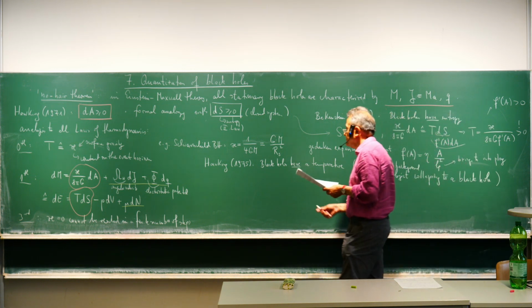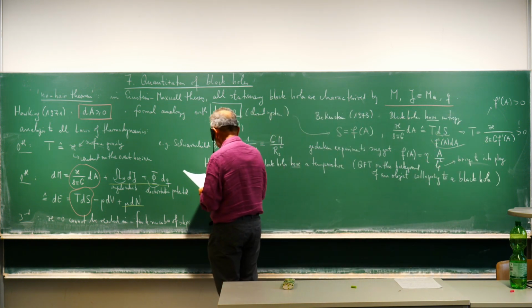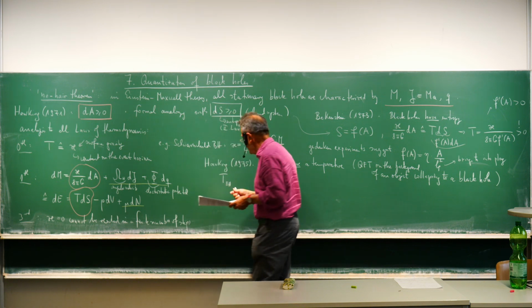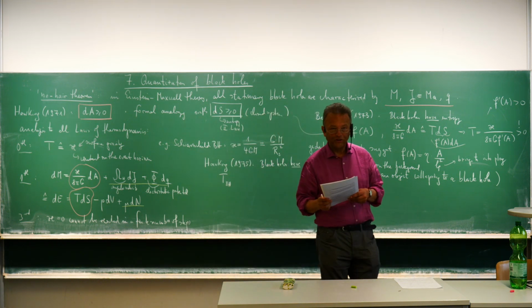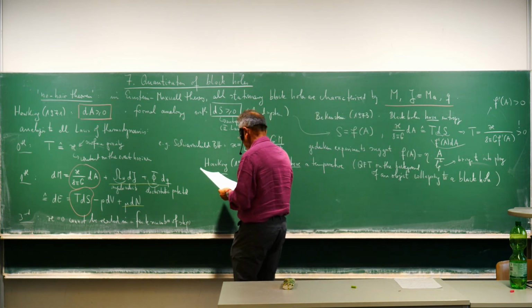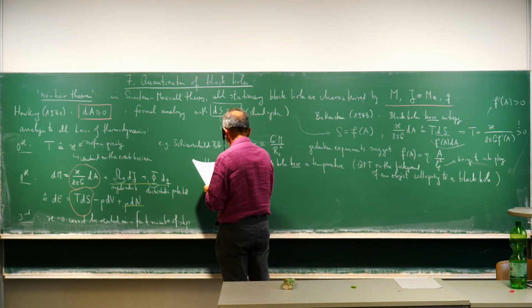And in this he found that black holes have a temperature, called T_BH, where BH can be read as black hole, or also as Bekenstein-Hawking, if you like. Usually it's called the Hawking temperature.